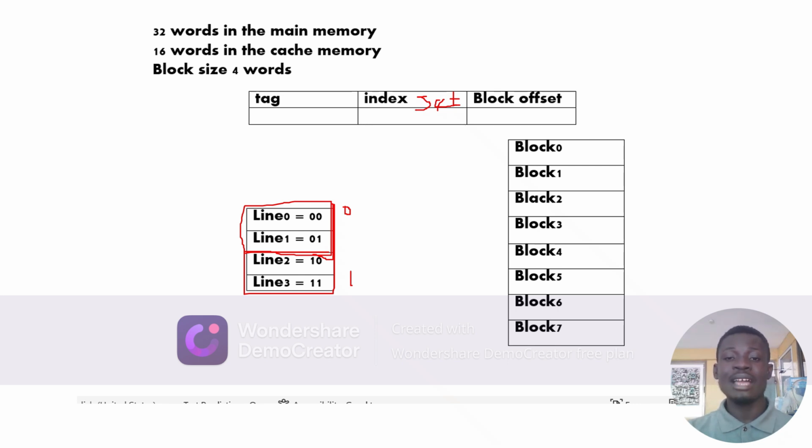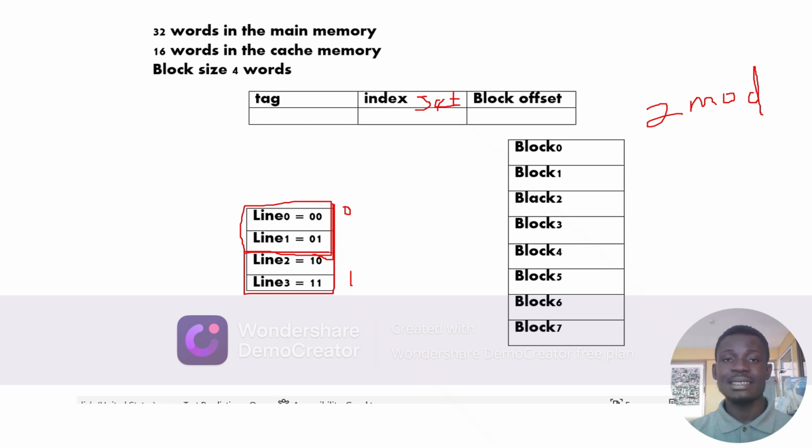The number of blocks that you want to use, let's say you want to use block 2, then you use 2 modulo, we use 2 modulo what? 2 modulo the set.